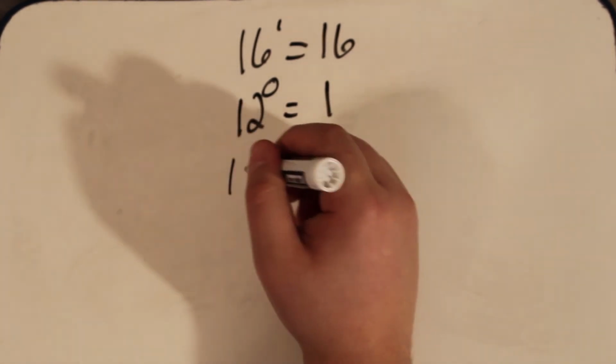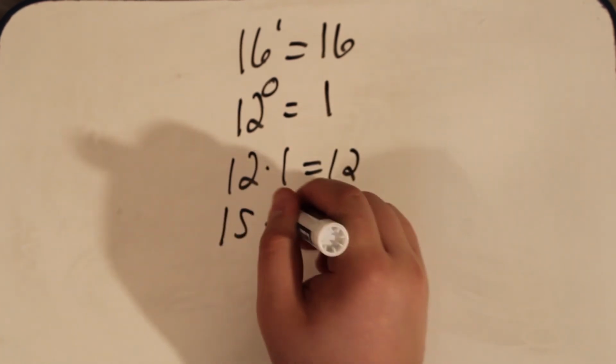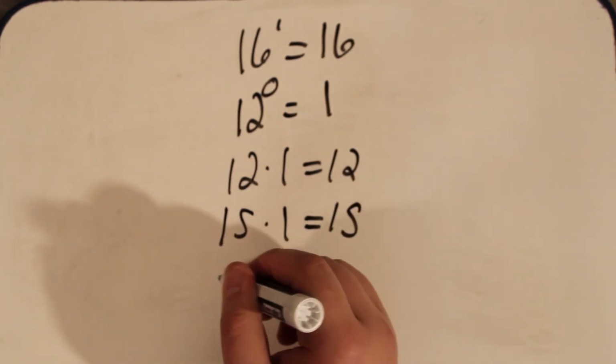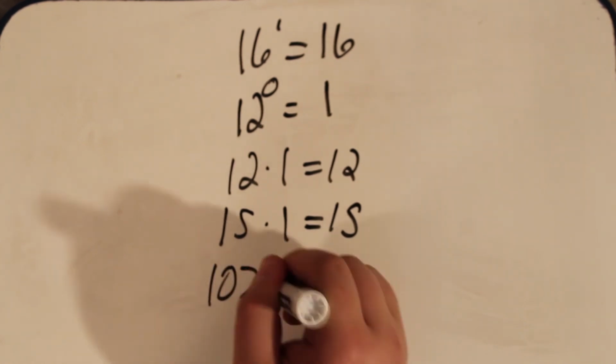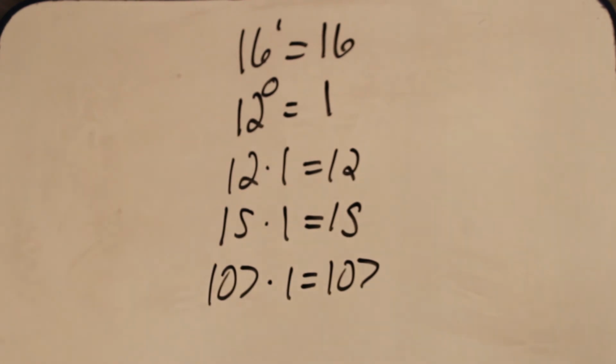So 12 times 1 is 12, 15 times 1 is 15, 107 times 1 is 107. That's what I mean by multiplicative identity. So that's why anything that is to the 0 power is 1, as it's creating that multiplicative identity.